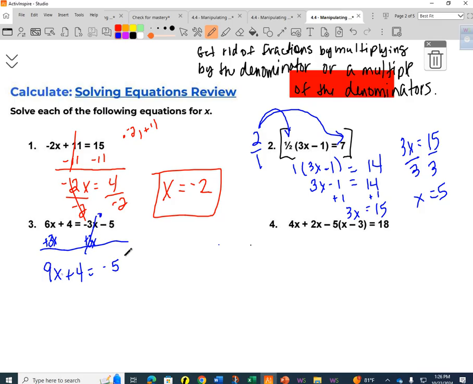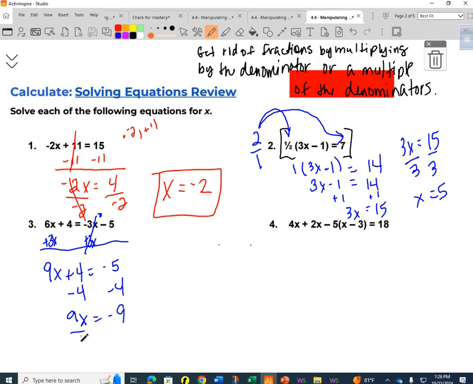We're going to undo the adding 4 by subtracting 4. Minus 5 here, this will be 0. Always do it from left and right. If you do it in your calculator, 0 minus 5 will give you negative 5.